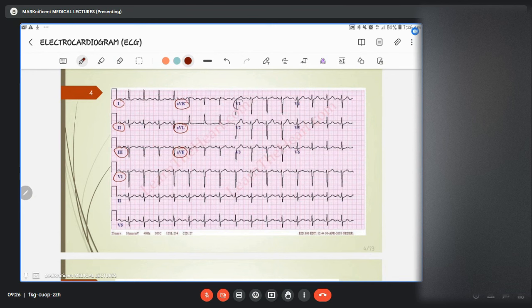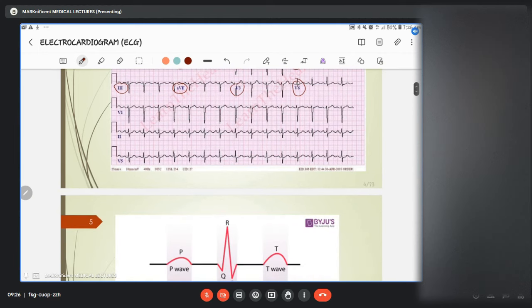You can see V1, V2, V3, V4, V5, V6. So don't worry. At least by the end of this session, you will have an overview, a better understanding of what all of these mean. So let's continue.